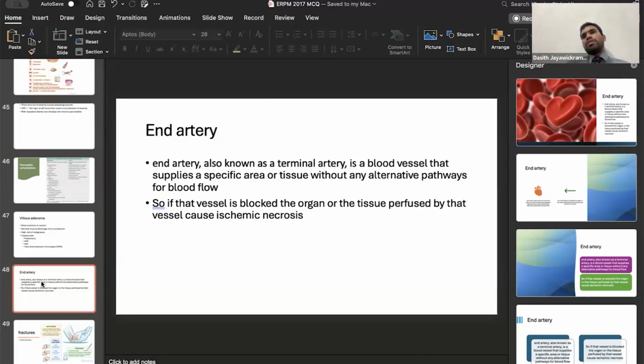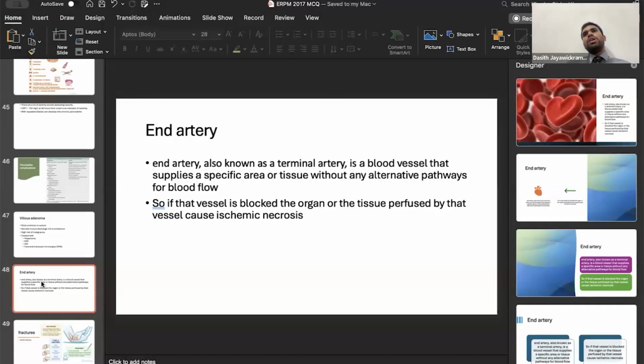What will happen? The entire right lobe will get necrosed. There's no blood supply other than the right hepatic artery. Maybe some part will survive from the caudate arteries, but most of the segment will die off because that's the end artery.